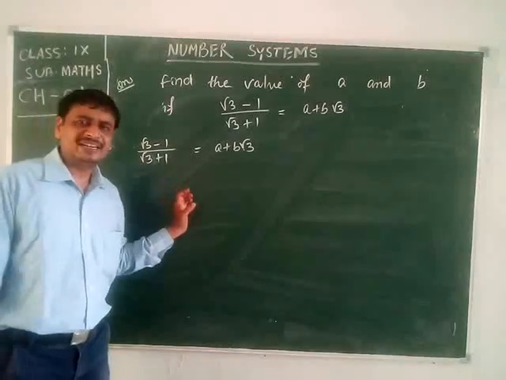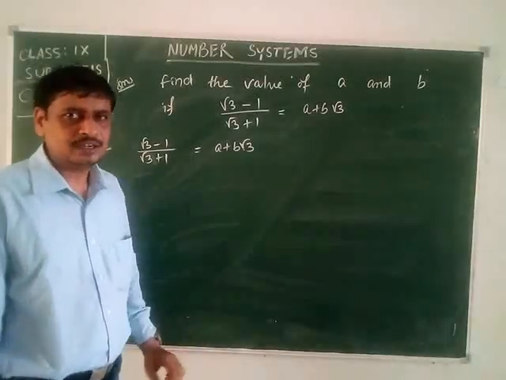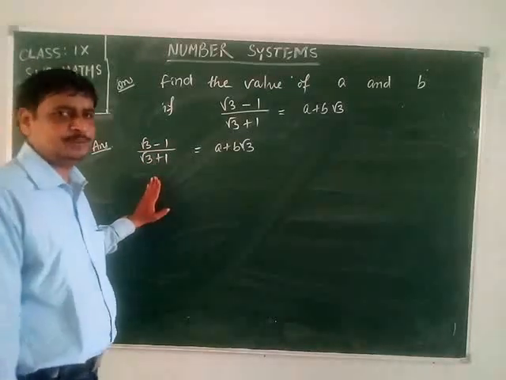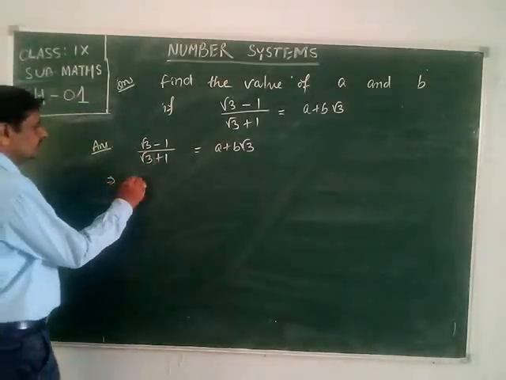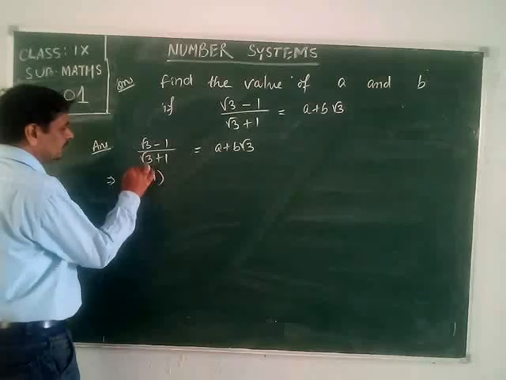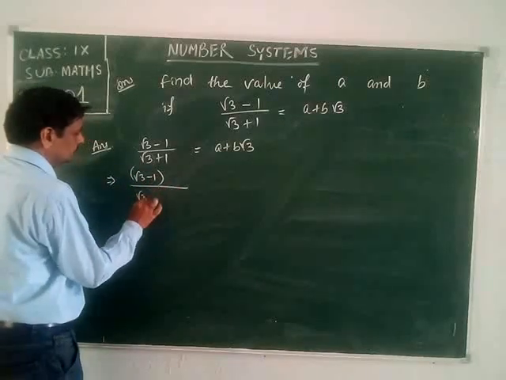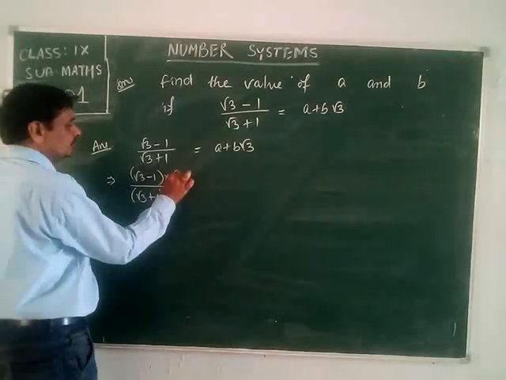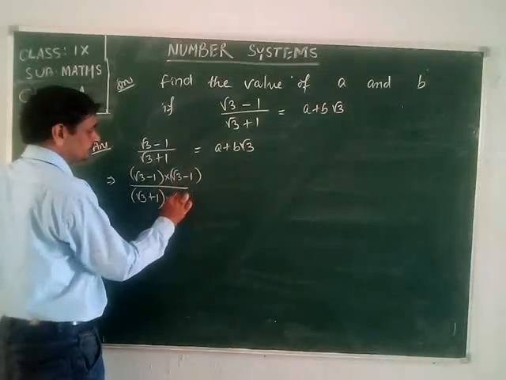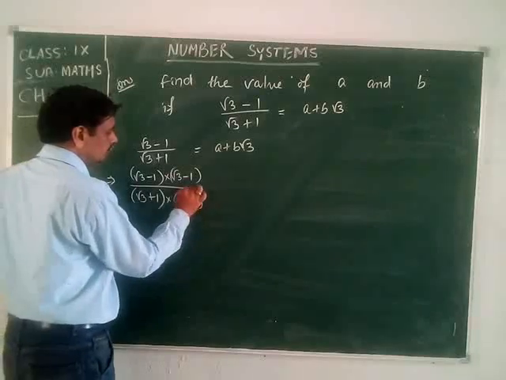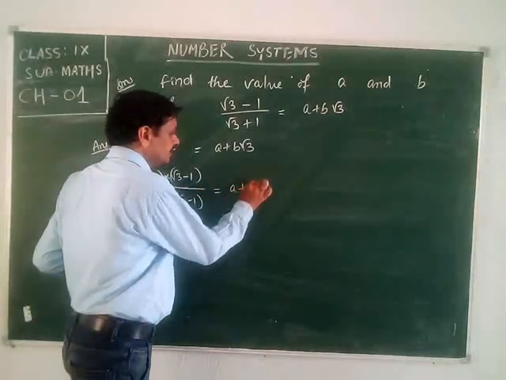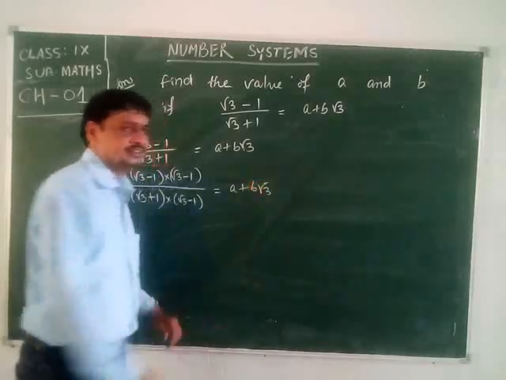Here we will multiply root 3 minus 1 with both the numerator as well as the denominator. It is root 3 minus 1 by root 3 plus 1, both multiplied with root 3 minus 1, which equals A plus B root 3.